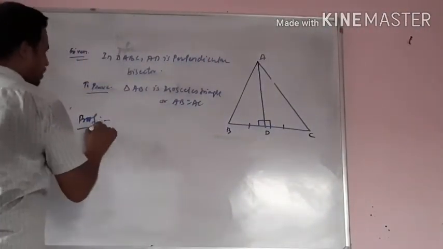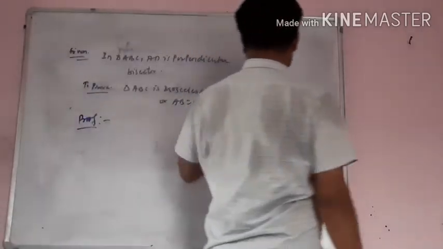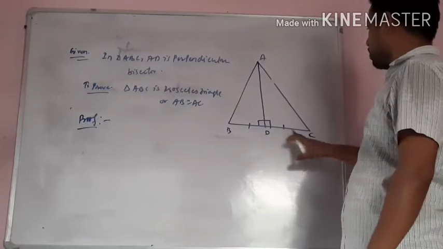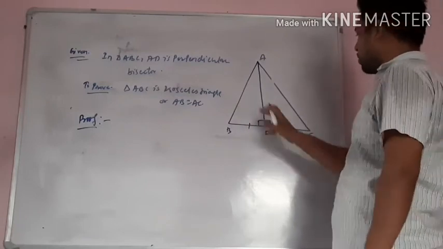We will take triangles ABD and ACD. AD will be common, BD equals CD, and angle BDA equals angle CDA.